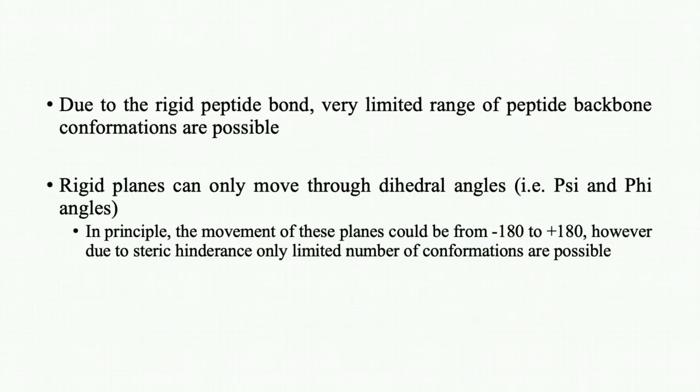Okay, so due to the rigid peptide bond, a very limited range of peptide backbone conformations is possible. These rigid planes can only move through the dihedral angles, as I discussed before, phi and psi angles. In principle, the movement of these planes could be from minus 180 to plus 180.